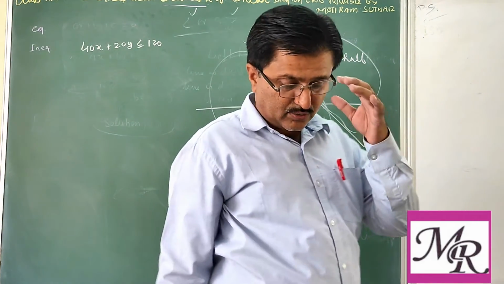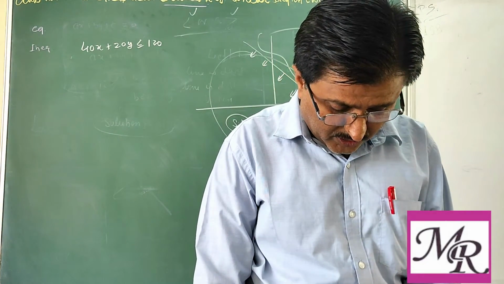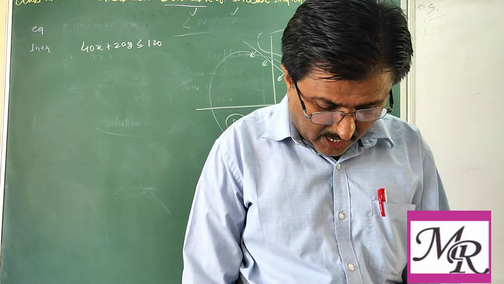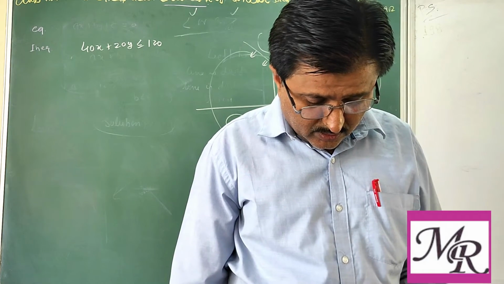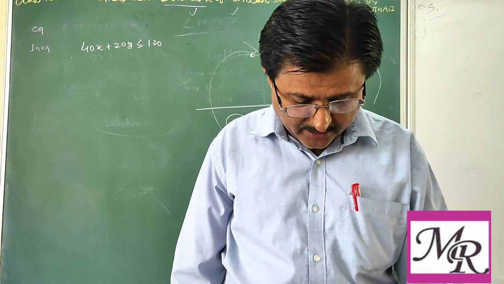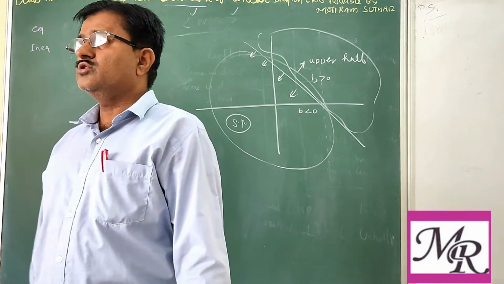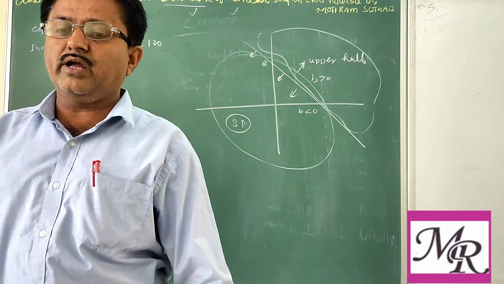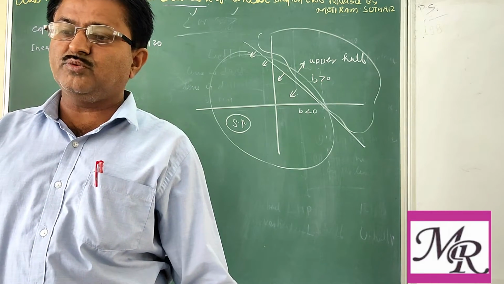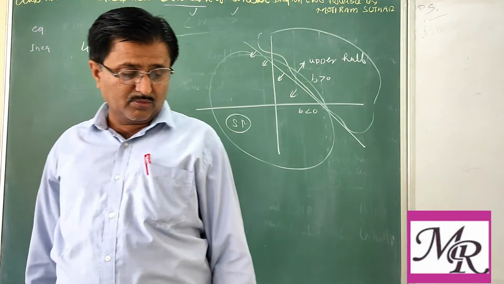In this problem, x and y are the number of articles that Resma has purchased. So x and y cannot be negative. The value of x is positive, the value of y is positive.